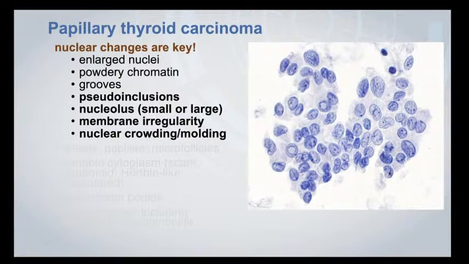In addition to the powdery chromatin and the grooves, you will also often, but not always, see pseudo-inclusions. And here's a nice example of a pseudo-inclusion. These are not true inclusions. These are invaginations of cytoplasm into the nucleus. The hallmark of a good, reliable pseudo-inclusion is its large size.